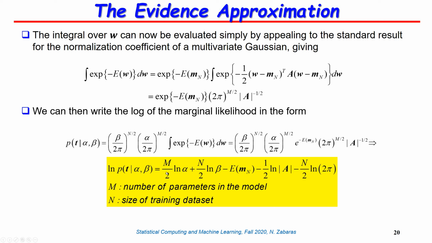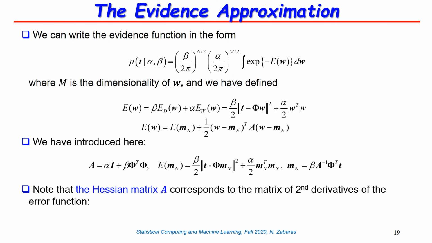So if you look carefully, we have a term that involves M, right? That's the complexity of the model. This has to do with the number of data sets, but involves beta as well. Then we have E of Mn, and remember this contains, if I can go back, E of Mn is given here.